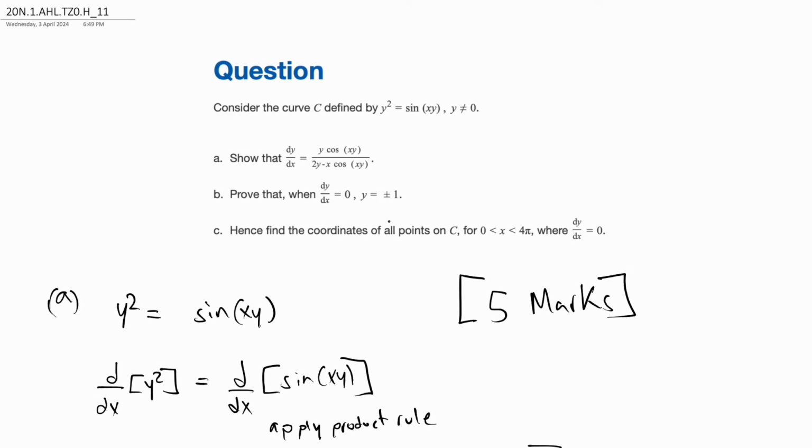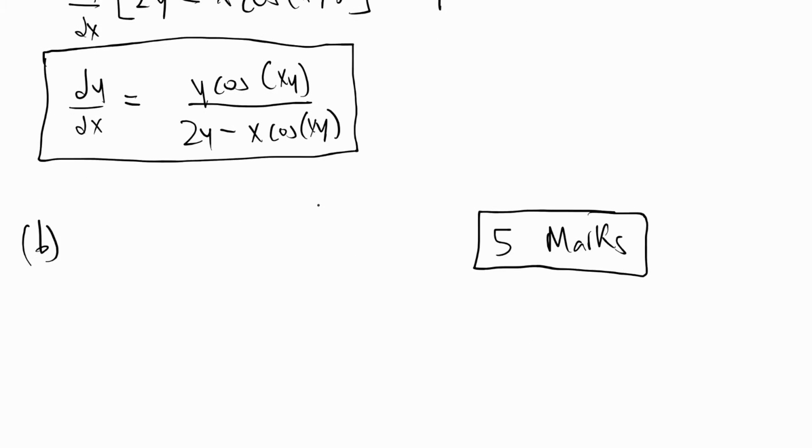So what is part B asking? Prove that when dy/dx is equal to 0, y is equal to plus or minus 1. Let's prove this. We already know what dy/dx is, so we need to set it to 0. That's our first step.